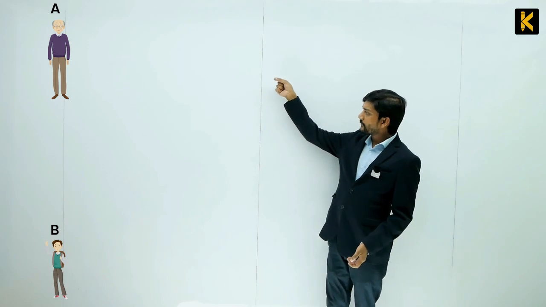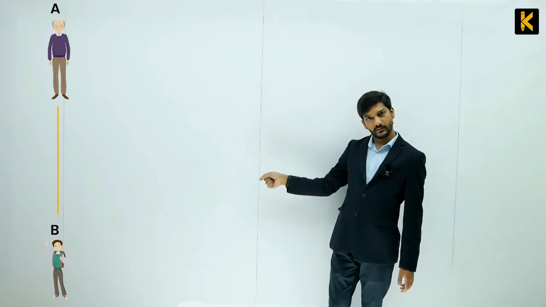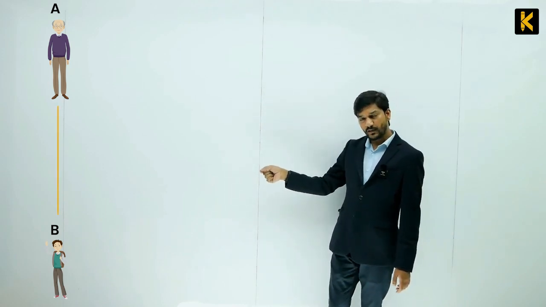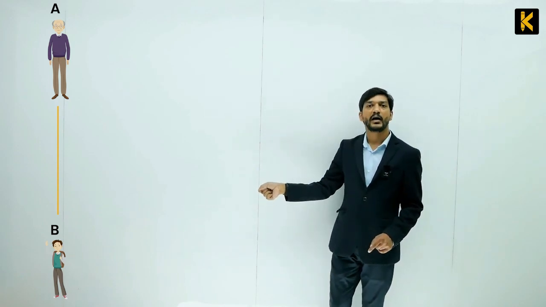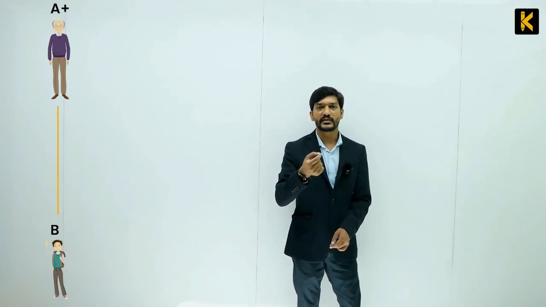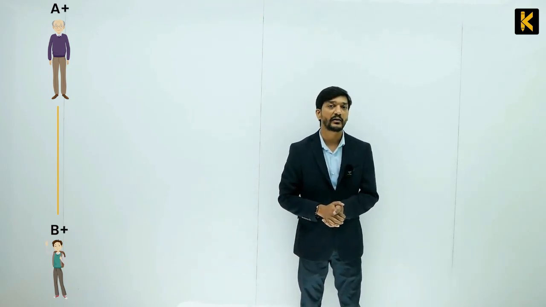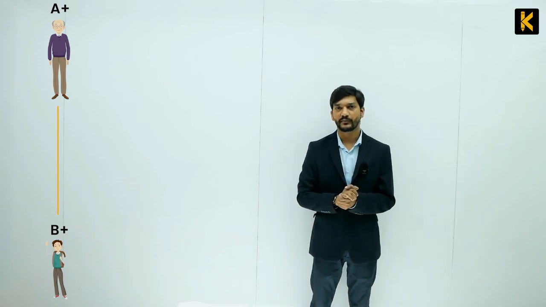Next, in case I draw something like this, again I will be taking two male persons. I am taking A and then a big line, as compared to the first one, and I am writing B. A is male, so a plus sign. B is also male, so again a plus sign.